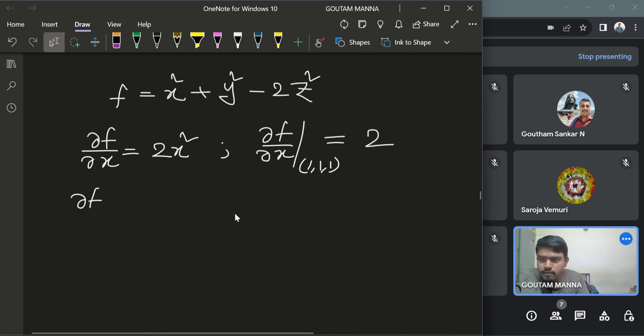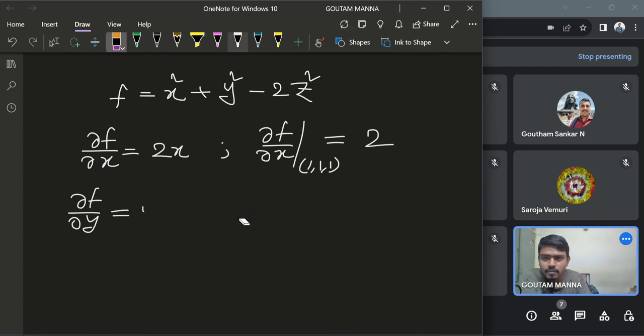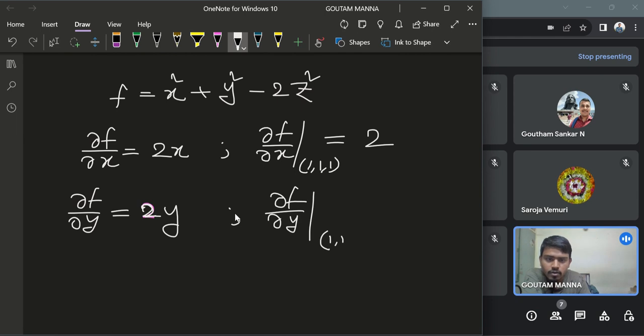Similarly, del f del x is 2x. Del f del y is 2y. So del f del y at (1, 1, 1) will be again 2.